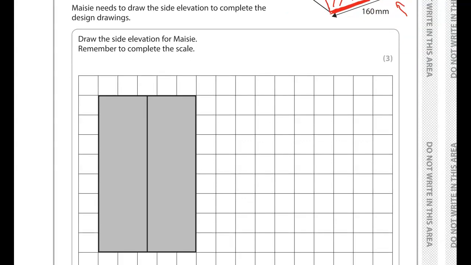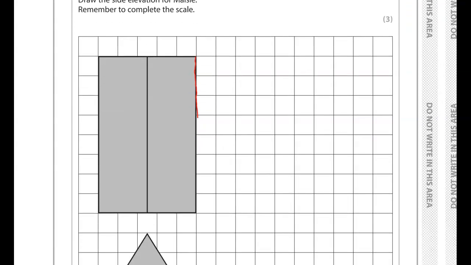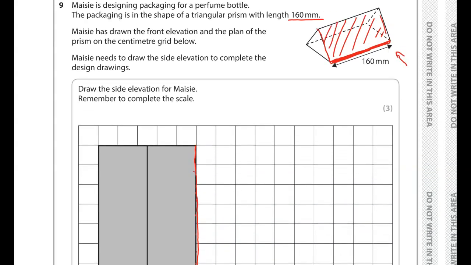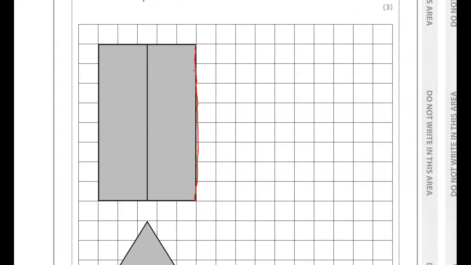So, on the plan, that length is represented by 1, 2, 3, 4, 5, 6, 7, 8 squares. One, 2, 3, 4, 5, 6, 7, 8.